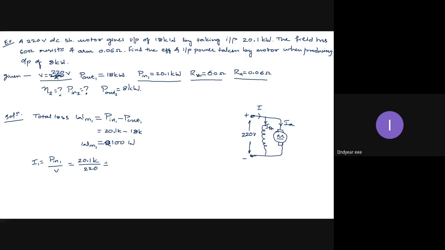So I1 is 91.36 amperes. Now ISH will remain the same because voltage is the same, resistance is the same. So V by RSH, 220 divided by 60, 3.66 amps.